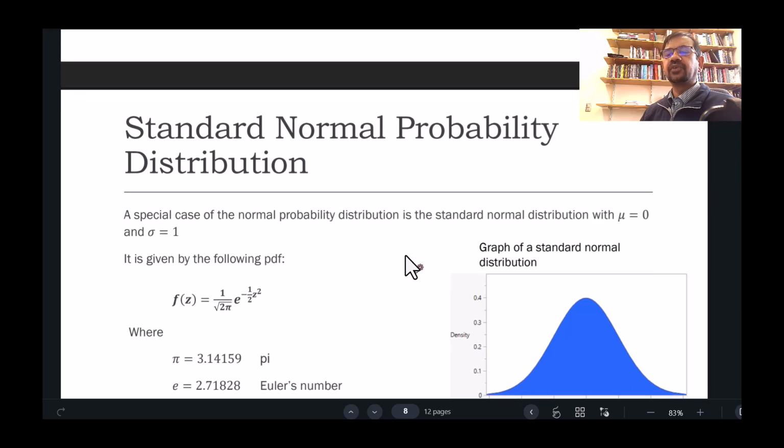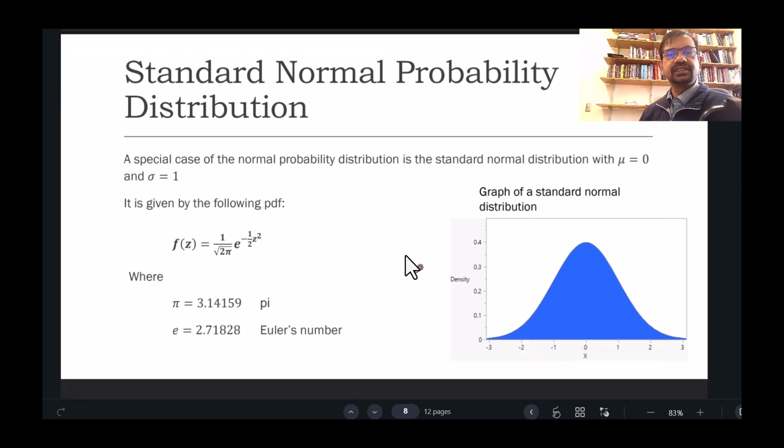Now, as we mentioned before, we will not really work with the general normal distribution. What we will work with is a special case of the normal distribution called the standard normal distribution. The standard normal distribution has the property that the mean is 0 and the variance, or standard deviation, is 1.